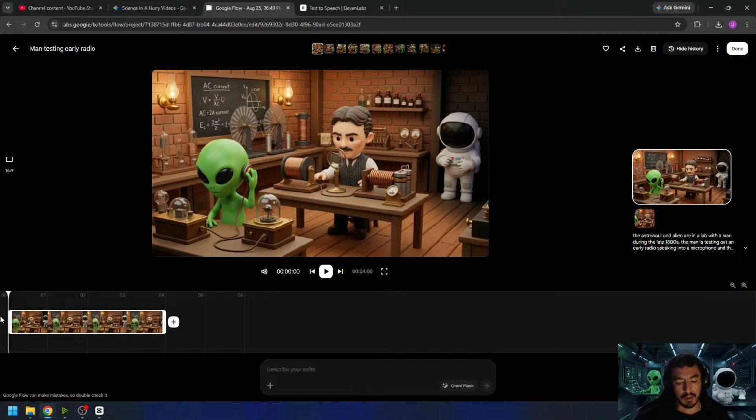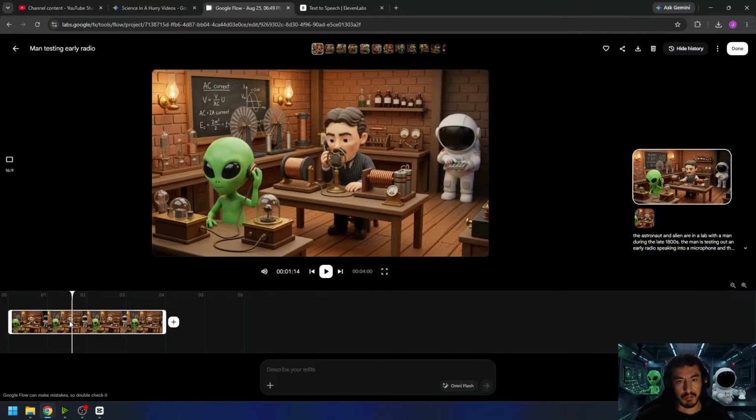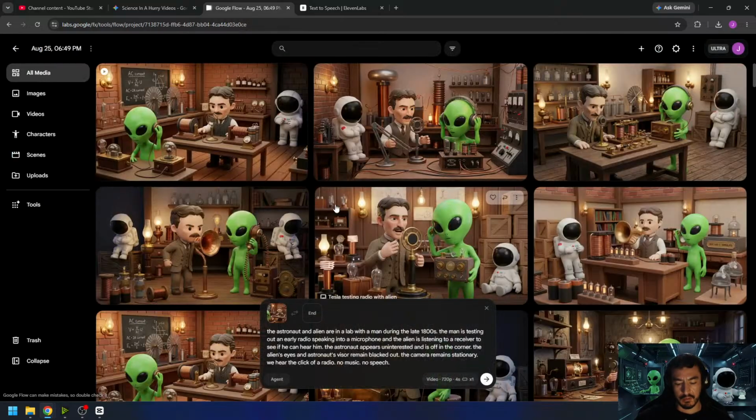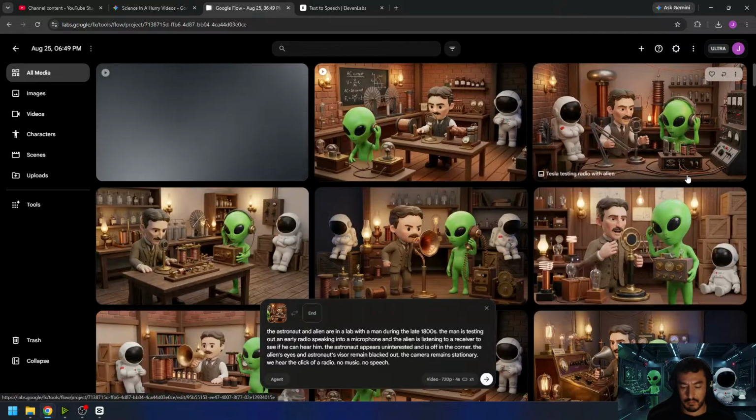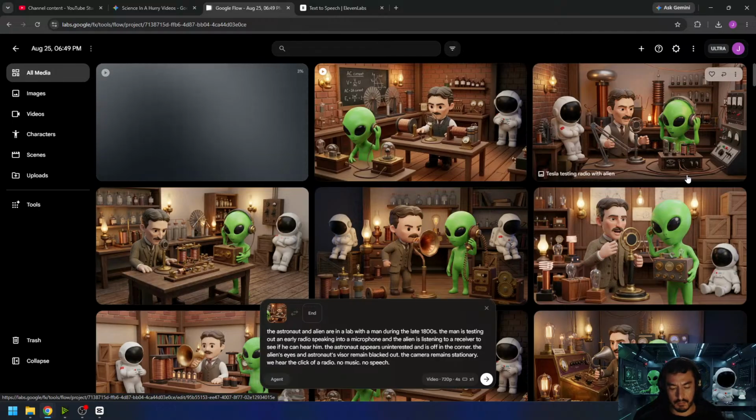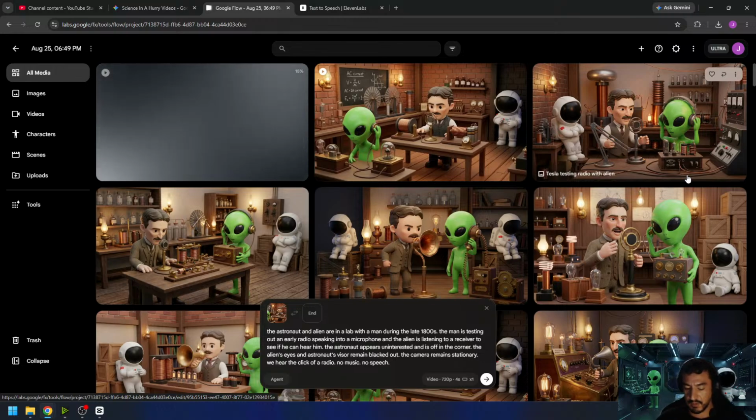So right here, it's like he picks it up. It just morphs into his hand. So let's try that again one more time. If it does it again, I'll give it some sort of instruction to where he's just talking into the microphone on the table in front of him.